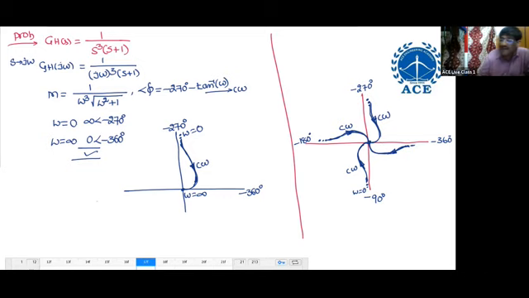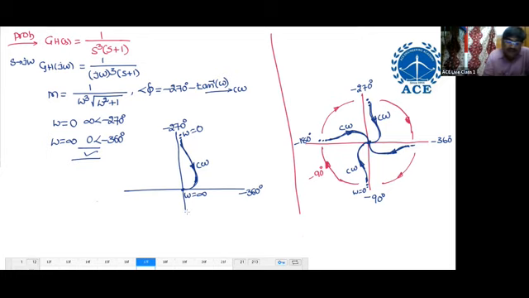So what is the conclusion here? As 1 pole at origin increases, the total plot shifts by minus 90. 1 more pole added, the total plot shifts by minus 90.